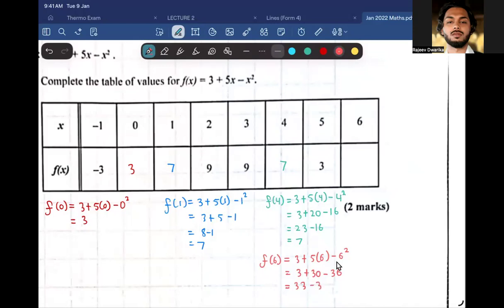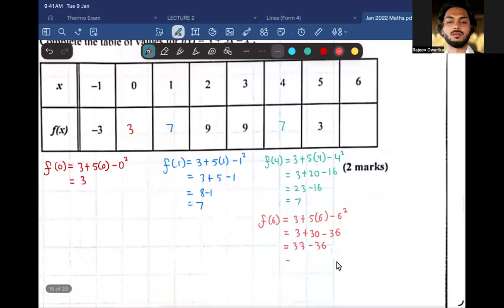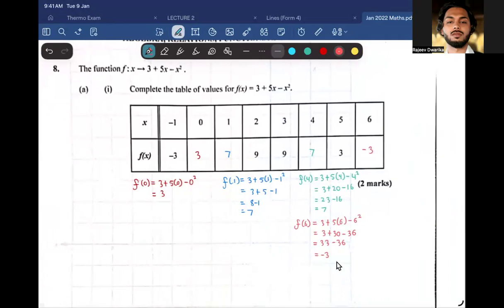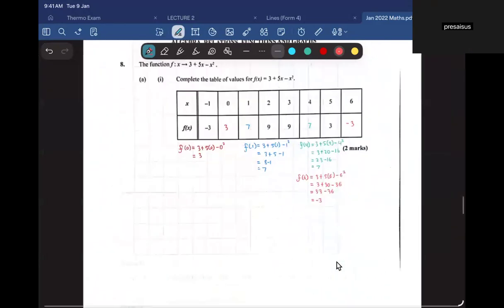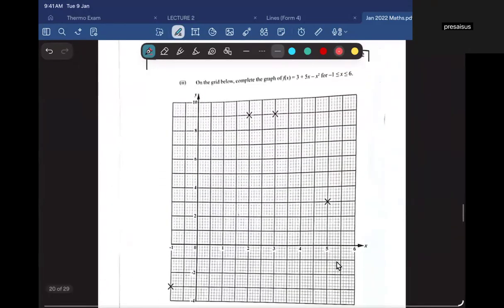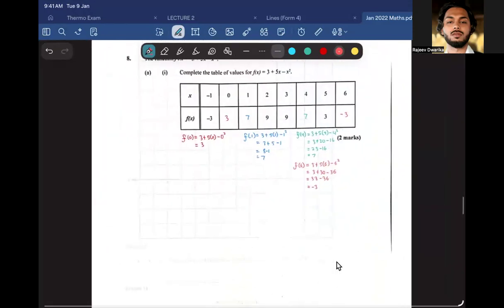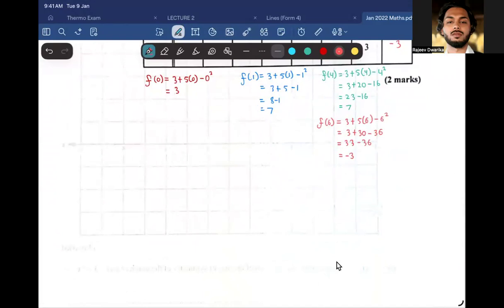So we have 33 minus 36, which is minus 3. Great. So functions is very easy. Is everybody okay with this? Yes, sir. Okay, great. This graph is very wonky, so I'm going to just put in a graph here.